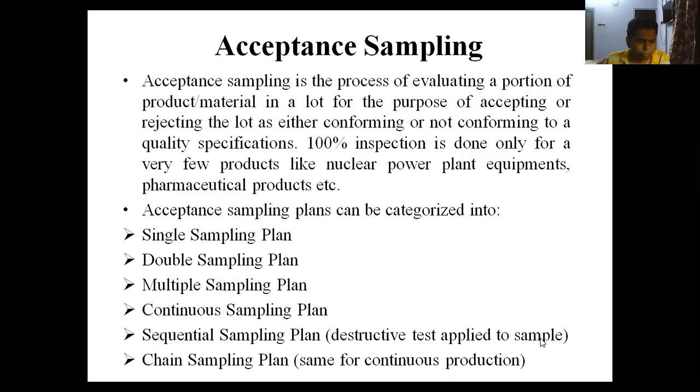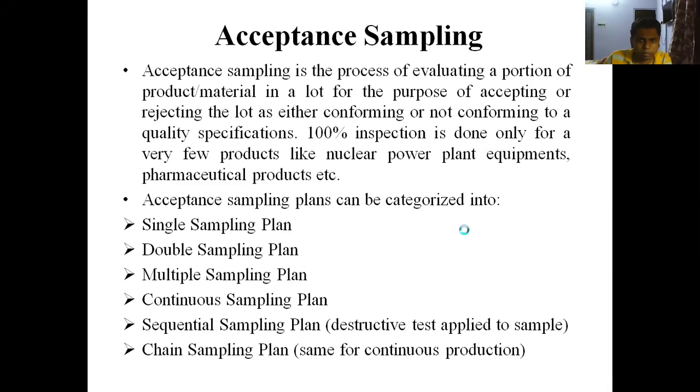The mathematical calculation part is actually not required. You will be able to carry out your sampling plan, you will face no problem. So let's discuss now about those plans.